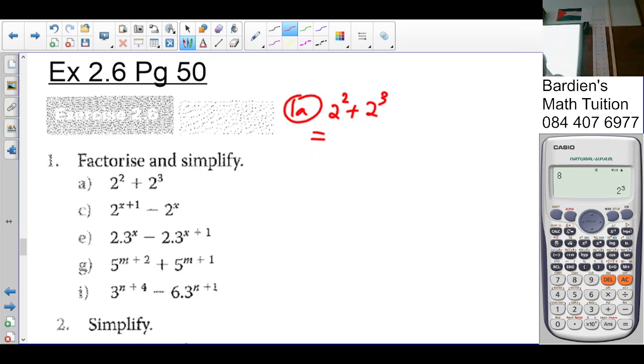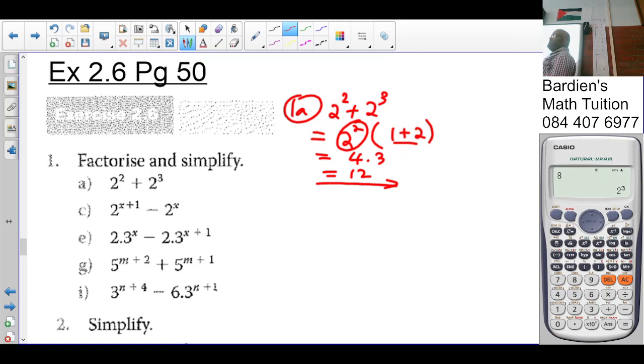But let's use the exponential rule. So it's going to be 2 squared into 1 plus 2. What's 1 plus 2? What's 2 squared? 4 times 3 is? Or you can leave it as 3 times 2 squared. I don't know which way the answer in the textbook is. Okay. What did the textbook give us? 12. Okay.